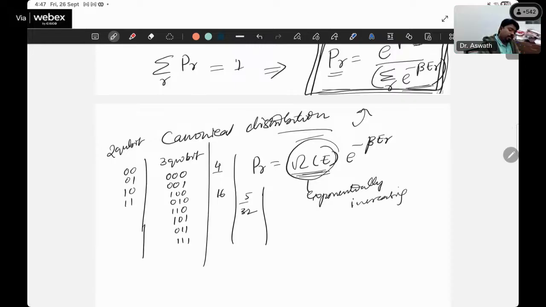Okay, rapidly increasing. But exponential beta E of ER is exponentially decreasing. Okay.